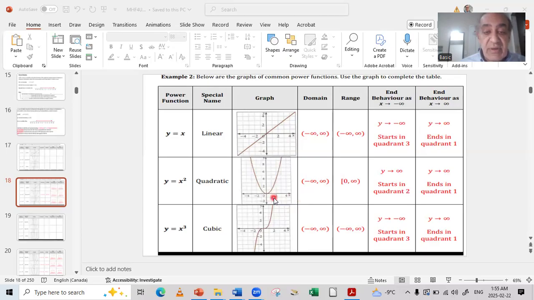But for y, no. Y does not go in the negative part down. It is 0 and above. Because it's touching 0 here, I will put a square bracket because it's definite on 0, and to infinity. Y can go anywhere up.